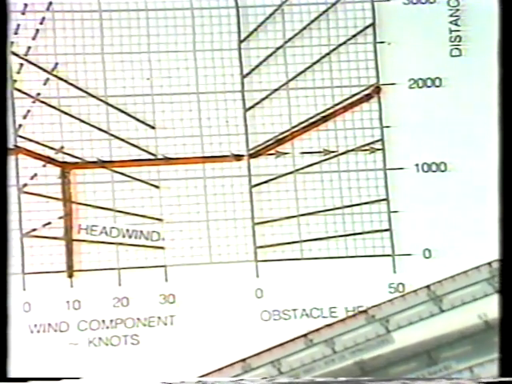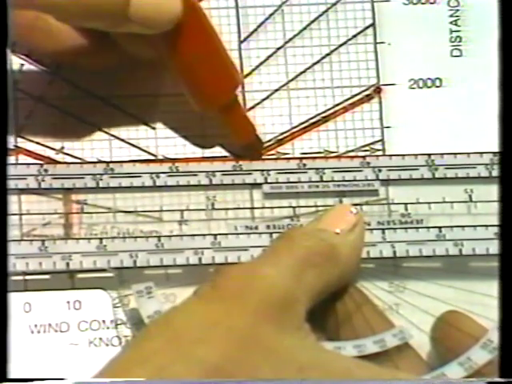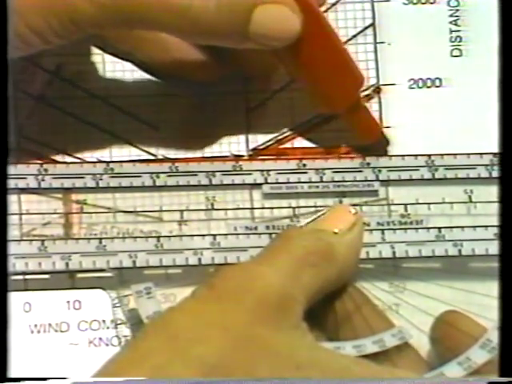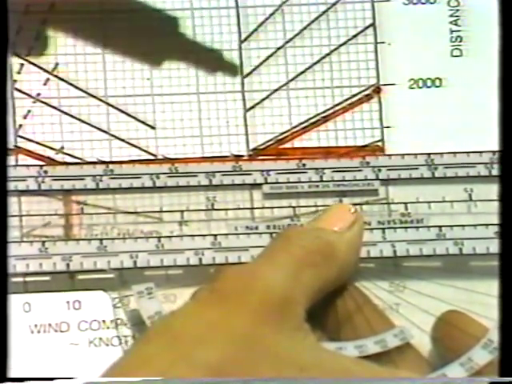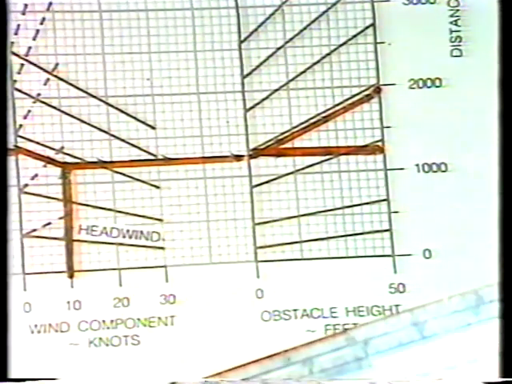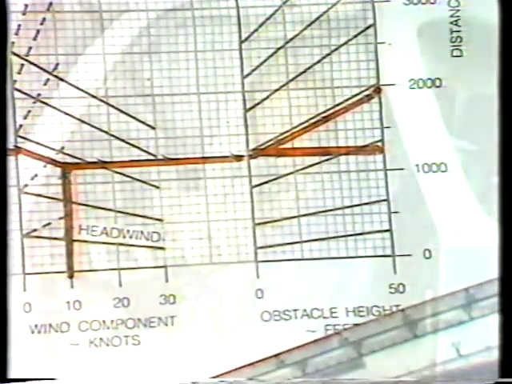If this takeoff is without obstacles, simply continue horizontally to the reference line to find the ground roll of 1,240 feet. Note that in these examples, the distances were higher than in the previous example where the airplane was being operated on a hard surface runway.